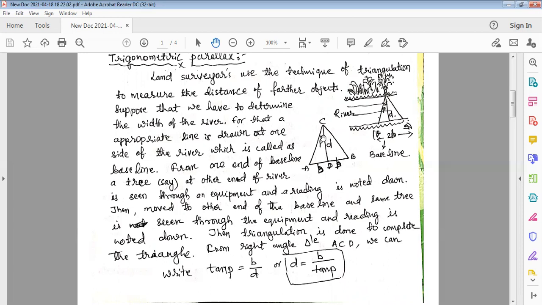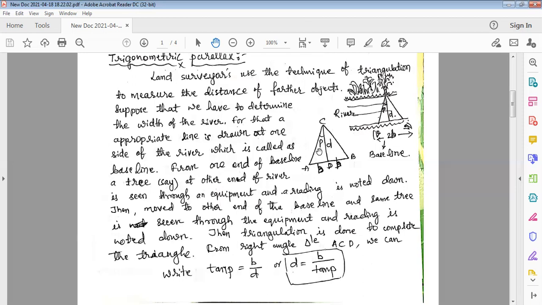This is the vertical distance between the tree and the midpoint of the baseline, denoted as D. And this length of the baseline, AD, subtends an angle P at C, and this angle is called the parallax angle.